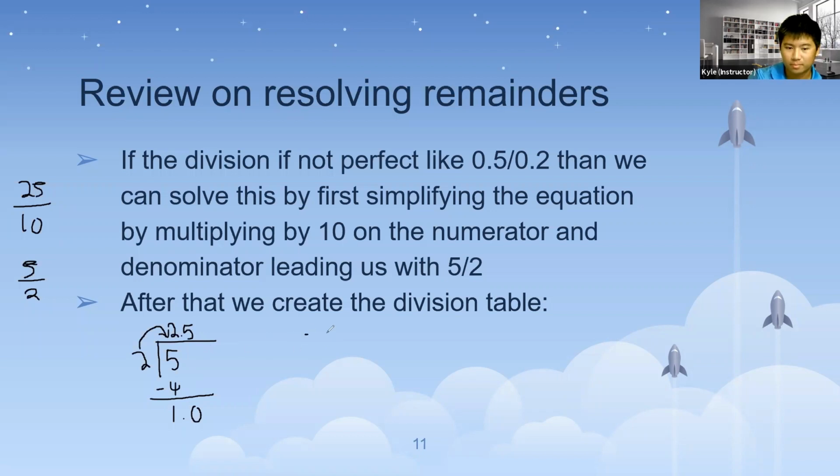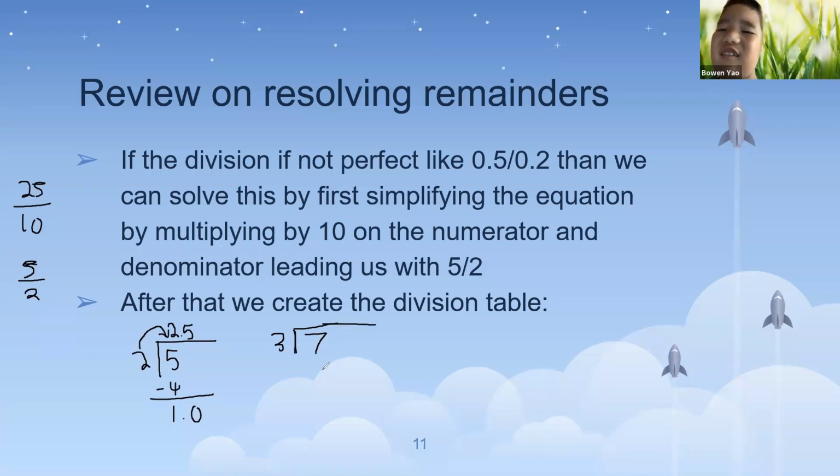Let's do another one. Let's do 7 divided by 3. Who here can explain what I did with my method? Anyone? Okay, you can go, Gamboa. So how you do it is you drop the division table, and you do 2 times 3 to get 6, and then the remainder 1, and you can add some zeros behind because it'll still be 7 equal to 7.